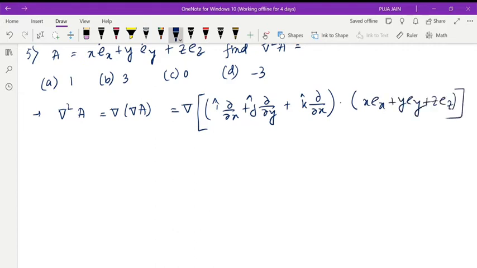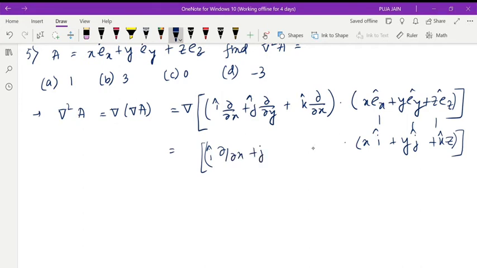Now you see here this ex, ey and ez, these are along x, y and z axis. So we can also write this as x i cap plus y j cap plus k cap z. They have just used another notation, nothing else. Okay, sorry, this will be del z.